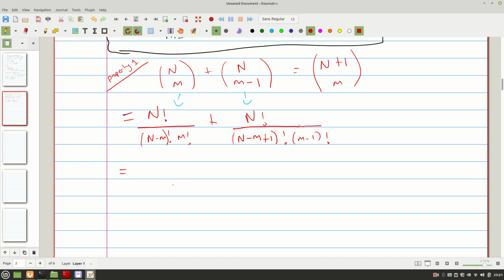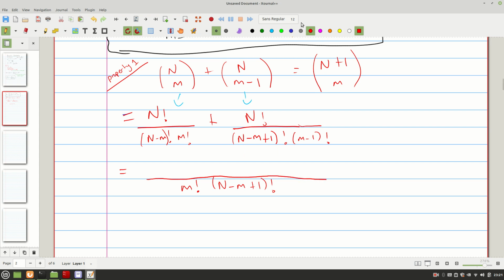Our common denominator here is m factorial times n minus m plus 1 factorial, and then we need to write our numerator.